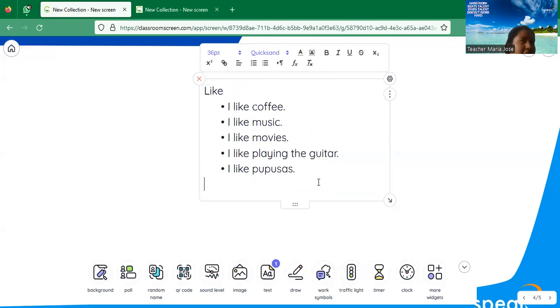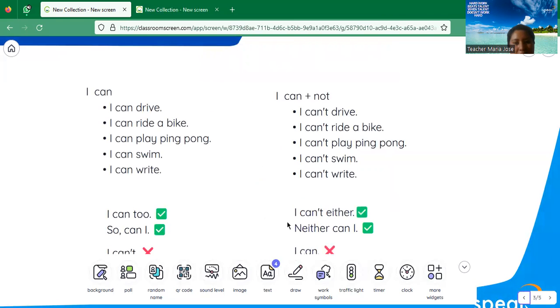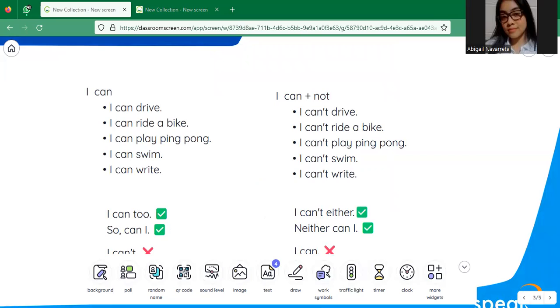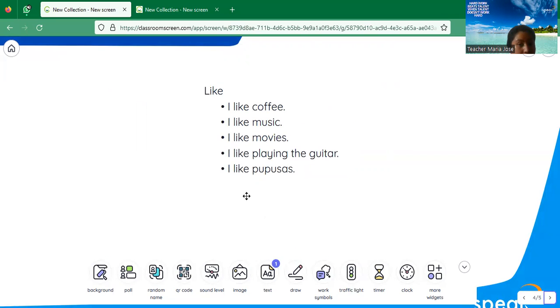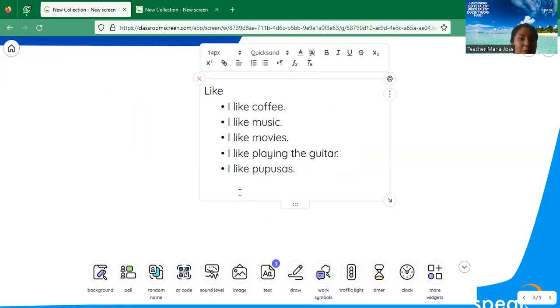Okay, you can say I like to, but if we use the phrases that we have used before, I like. But like is the verb. Remember that you need to use the auxiliary. This is simple present. So what is the auxiliary for the simple present?